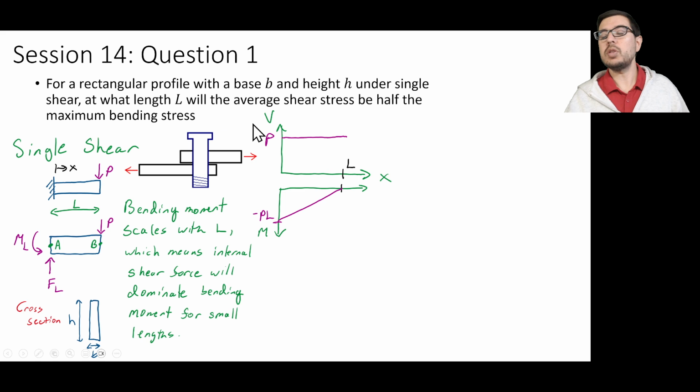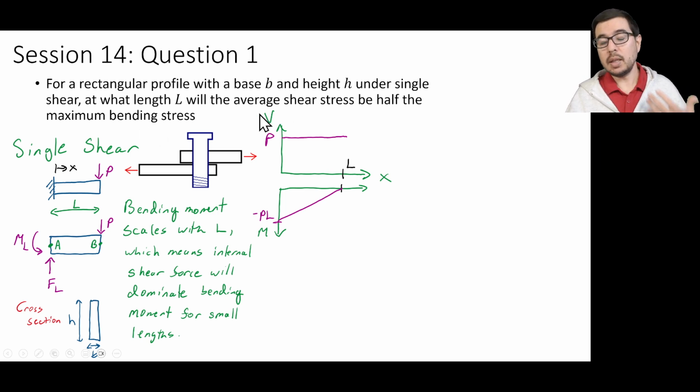Later in the course, we'll make it more clear why there's significance between shear stress and half of an axial stress. When we cover Mohr's circle, it will be particularly clear. But for now, let's just say that the comparison we're interested in is the average shear stress being half the maximum bending stress.